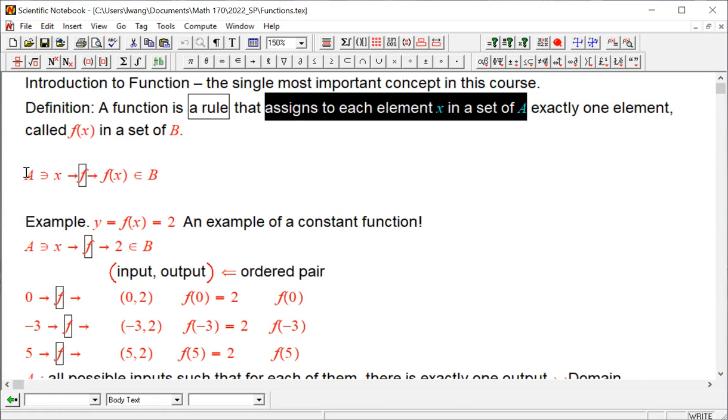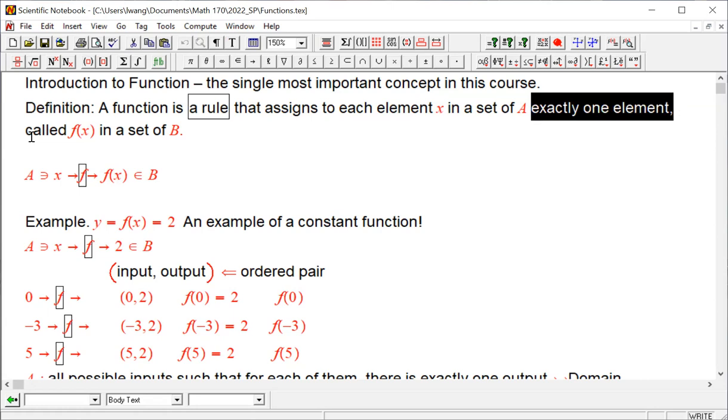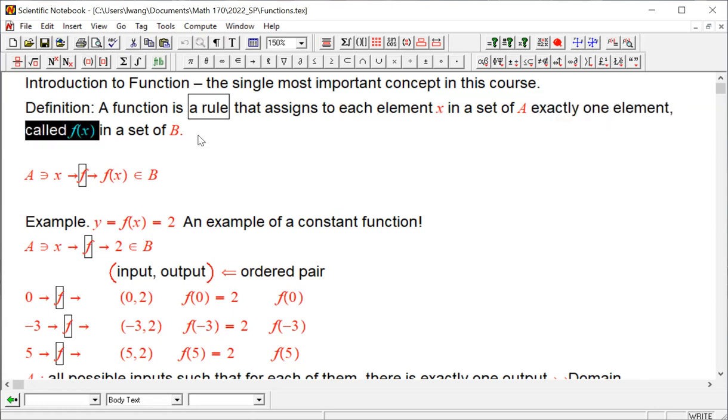So there's a set A, and the rule applies to one element from the set, one at a time. Each time it applies the rule to one element in the set, it produces exactly one element called f of x in the set B.